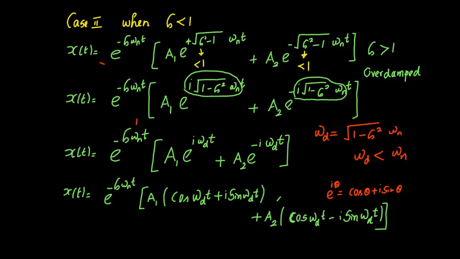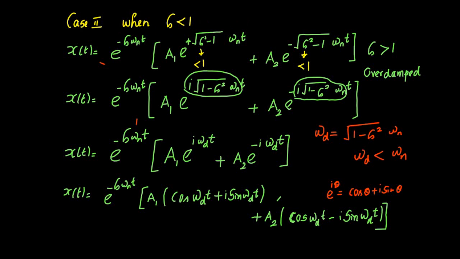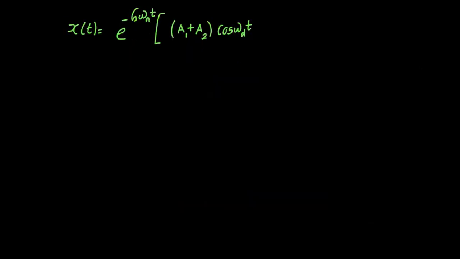It is going to be of the form (a1 + a2) into cos omega dt. And for the next terms, if I take the sin omega dt common outside, it is going to be of the form (a1i - a2i), that I can be taken outside, into sin omega dt.